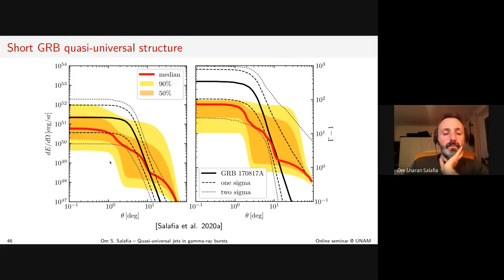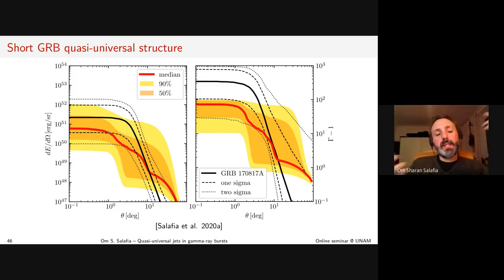And here, the same structure is shown by black lines, and the structures that result from the same approach as before, but applied to the short GRB case from the jet propagation model, are shown in red and orange and yellow.